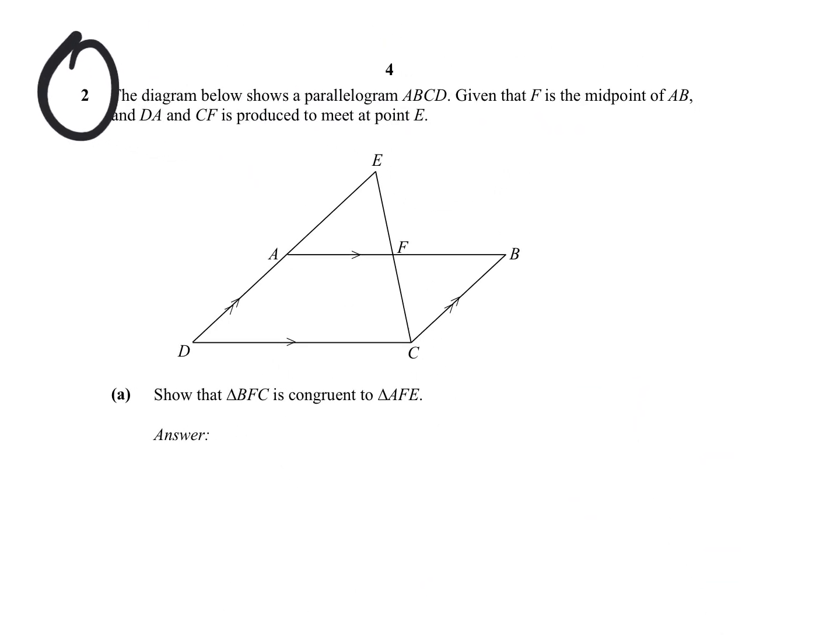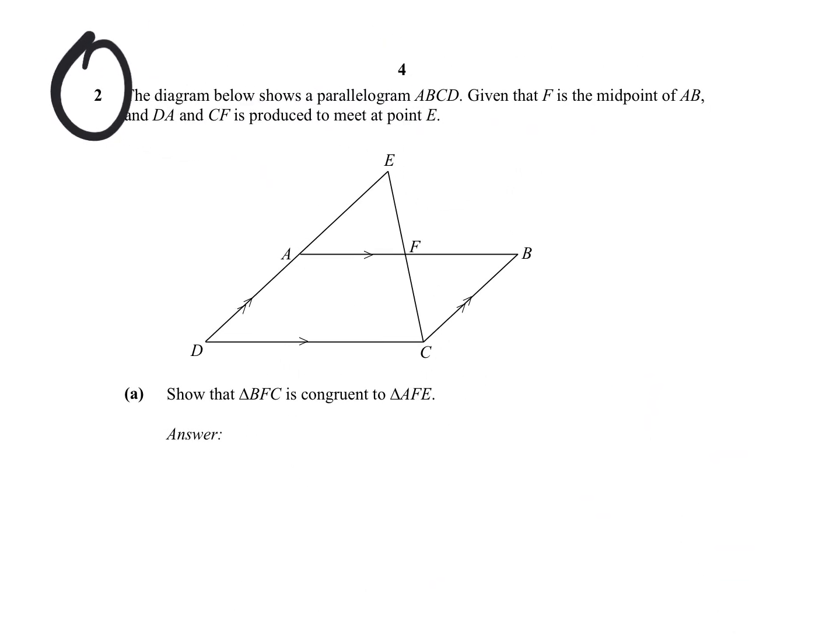Okay, this one. Proving. They say F is the midpoint of AB, means this one is cut into 2. Okay, and then you have a parallelogram, so meaning these two opposite lengths are equal as well. So these are all the info that is hidden.